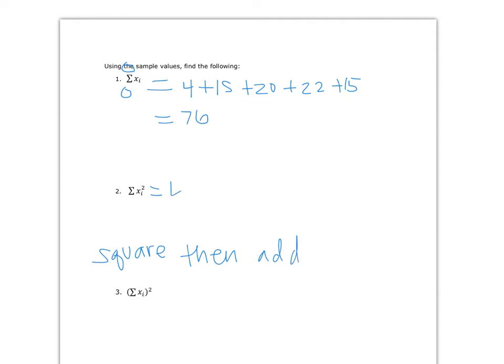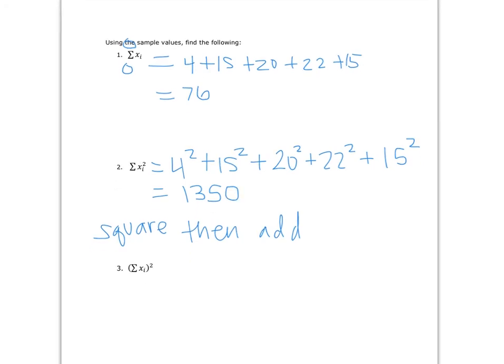So we get 4 squared plus 15 squared plus 20 squared plus 22 squared plus 15 squared. You can plug that into your calculator, and the result is 1,350.